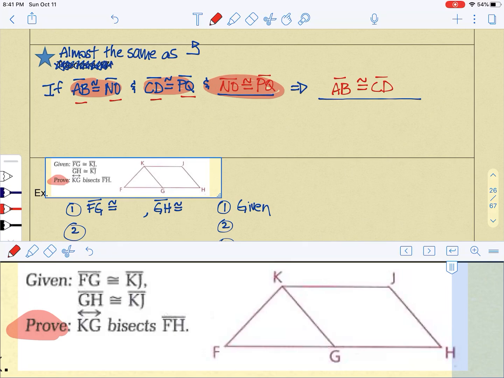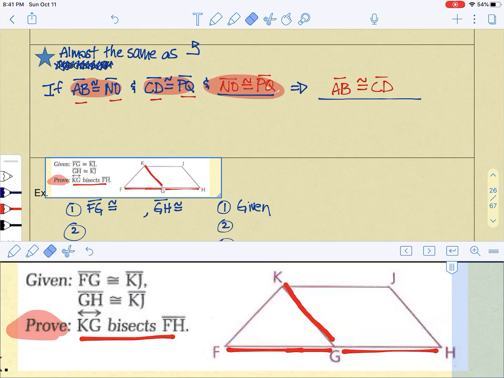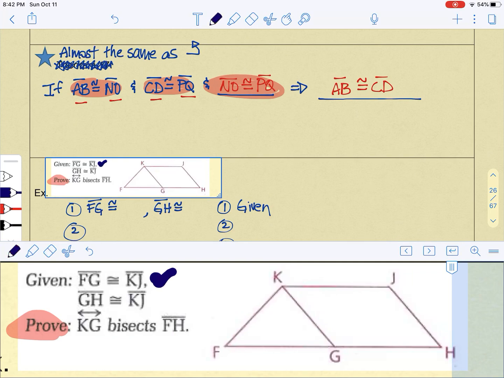All right, so here's the little proof. I'm going to start with what we need to prove, so let me start there with red. This line has to intersect FH in such a way that these two pieces here must be the same pieces. All right? Well, what do we know in the problem? We know, and let me change colors here, FG, KJ, right?